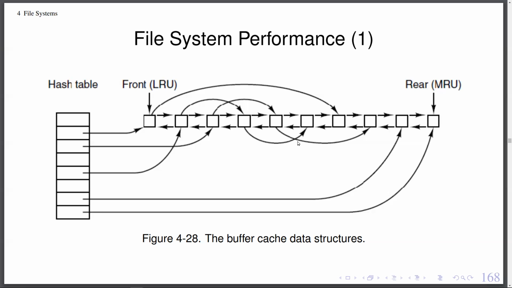But that means if our system crashes, then our file system becomes inconsistent. So depending on the operating system you're using, it could be managing some way to recover from the system crashing to save the files so that you don't lose your work.